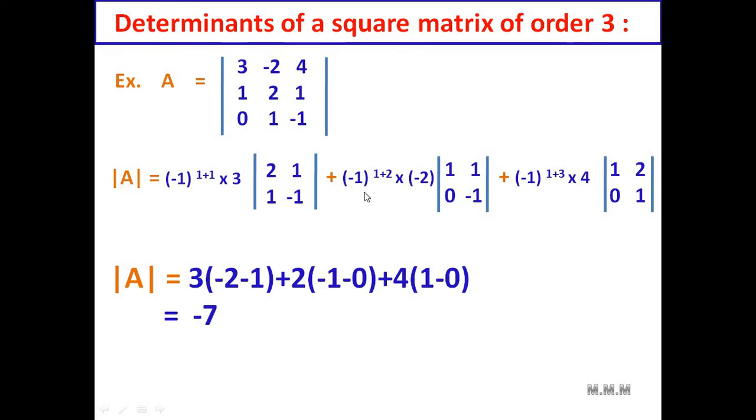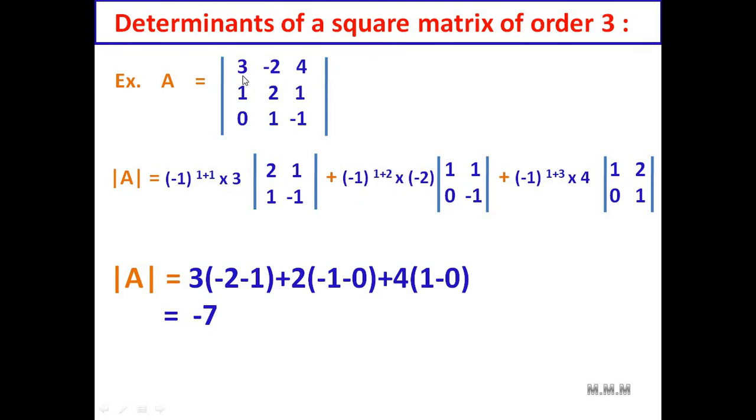Plus again, minus 1 to the power A21, so 1 plus 2, into minus 1 to the power 1 plus 2 into minus 2.